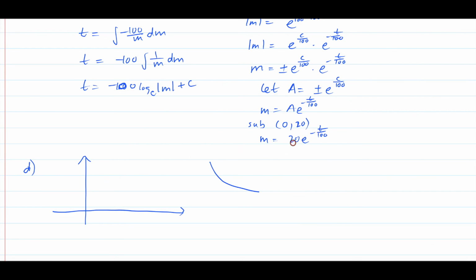It starts from 20 as well, because when t equals 0, obviously m equals 20. It starts from here, and we know the shape goes like that. Our asymptote is an invisible 0, so you have an asymptote here. And then all you have to do is keep sketching it from 20 with that shape. My exponential doesn't look that great, but that's pretty much what you should have.